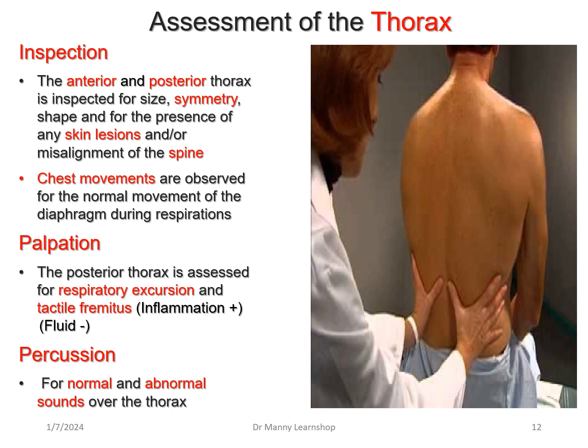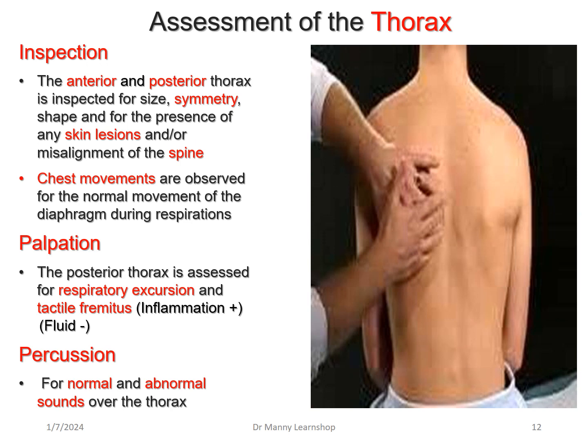There's an example of looking at thoracic excursion and symmetry. There's an example of percussion used to determine whether there is any fluid or collapse or consolidation in the lungs.